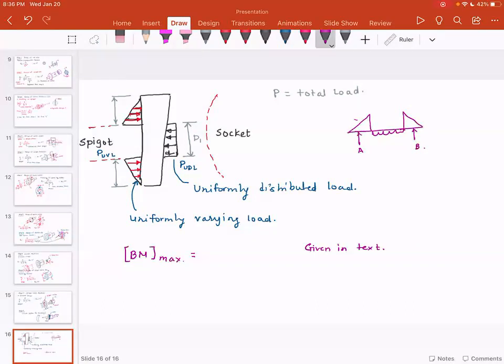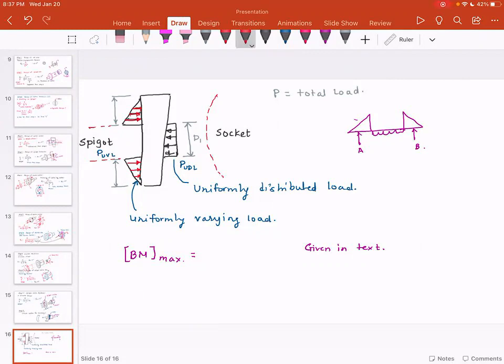We are not going to look at the derivation of the maximum bending moment, but it can be derived by first finding the reactions, then finding the bending moment because of the triangular load and the bending moment because of the uniformly distributed load, and that gives you the equation for maximum bending moment.